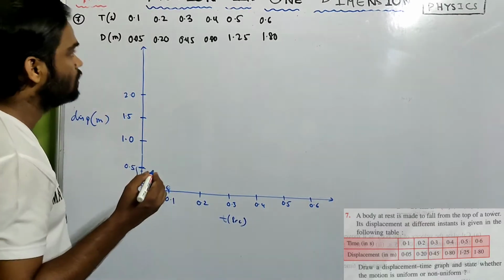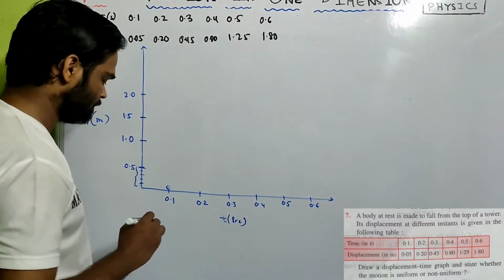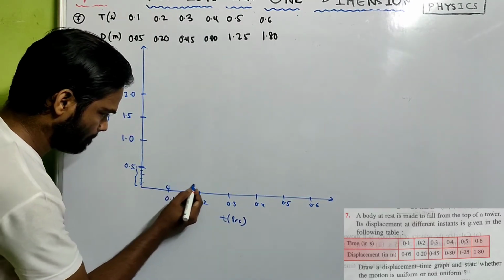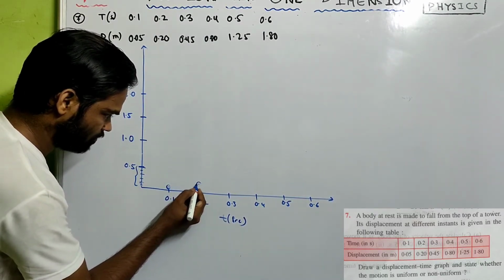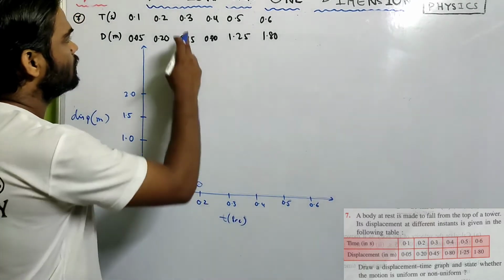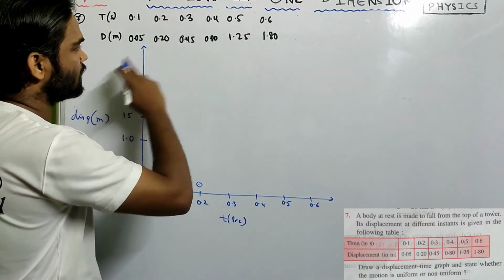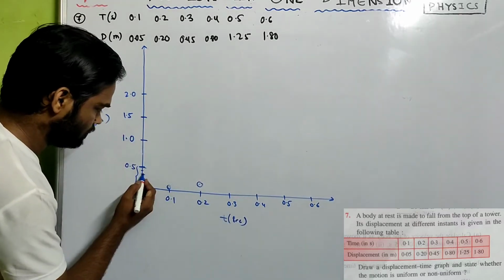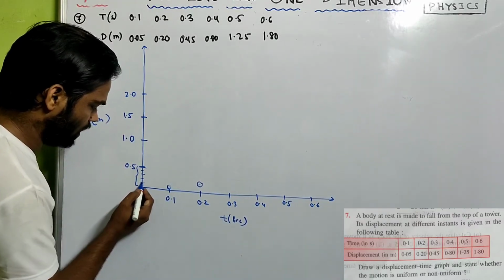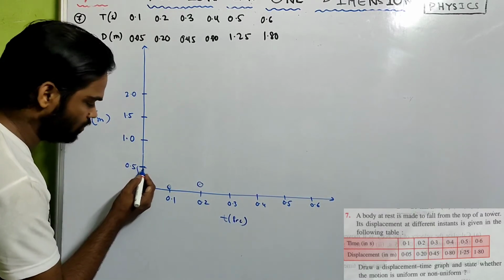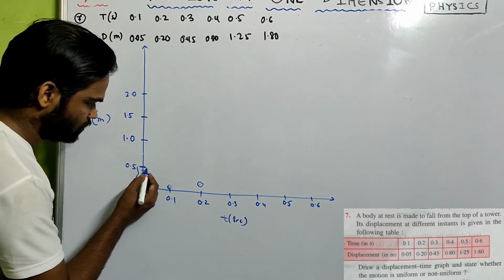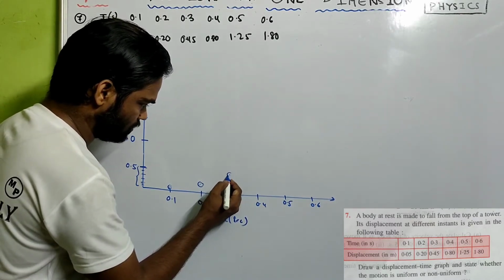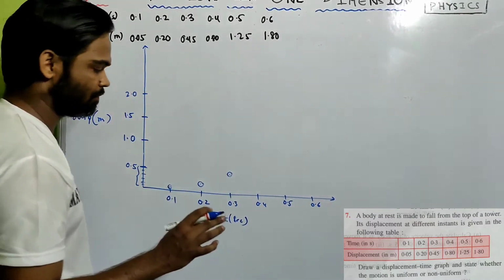This is your 0.05 meter. 0.2. See, this was 0.1. This is 0.2, somewhere over here. Isn't it? At 0.3 second, the displacement is 0.45. 4 is here. 1, 2, 3, 4. 0.4. This is 0.5, somewhere in between this. I told you, if you take a graph paper now, this will be clear.